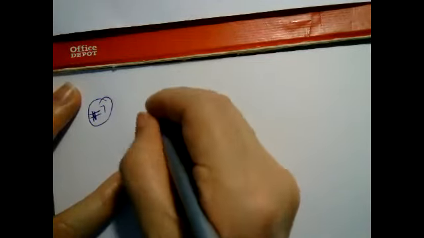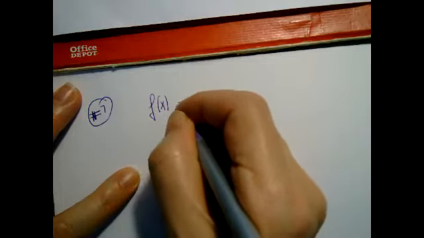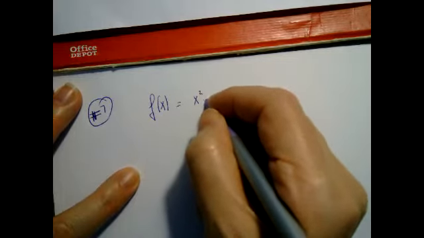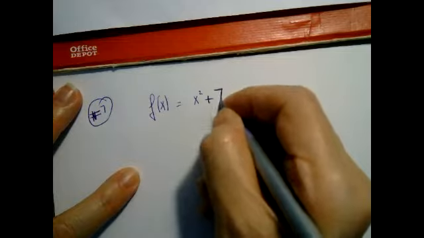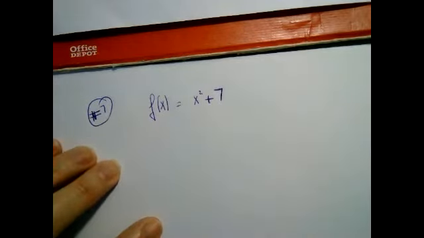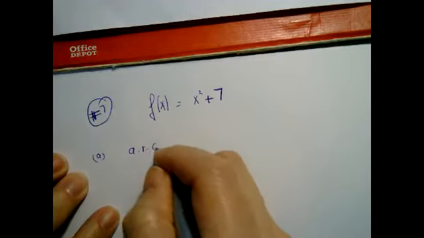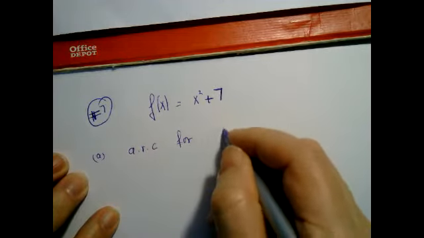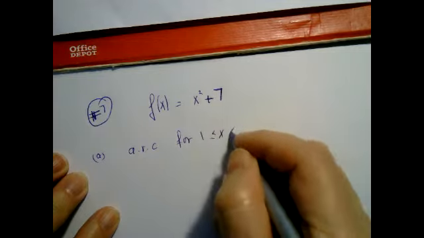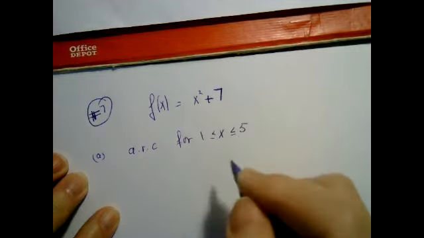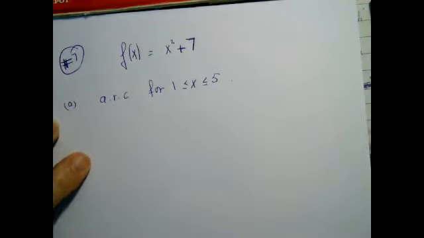And this is the function, f of x equals x squared plus 7. And the question is, find the average rate of change for x between 1 and 5. Okay, so that's simple.